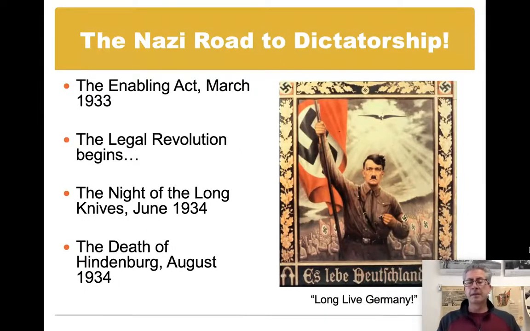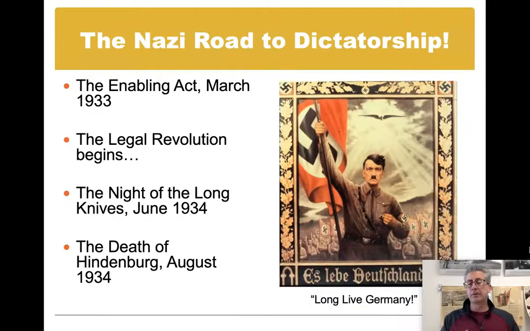And then ultimately, near the end of 1934, with the death of Hindenburg, he will simply assume the title President of Germany. And so now he is head of the Nazi Party. He is Chancellor. He is President of Germany. He is the Führer.